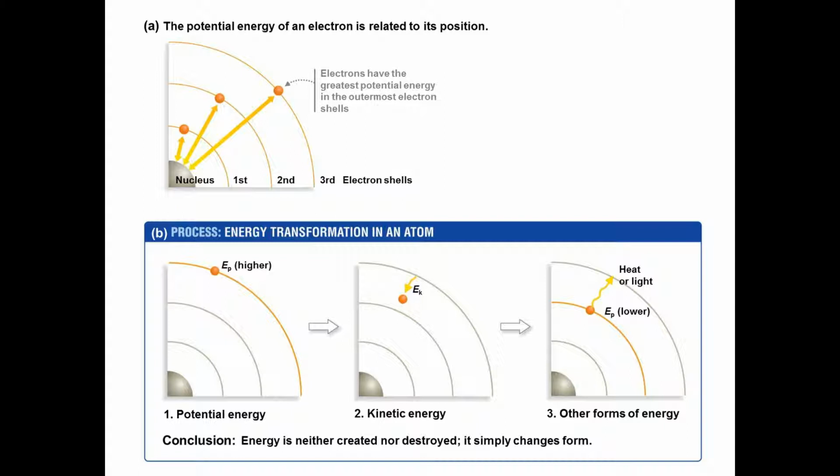Now, why is this exactly the case? Well, think about it. The electron has a negative charge and the nucleus has a positive charge. So the further away you are, the easier it is to pluck off this electron or remove it. The closer you get to the nucleus, the harder it is to pull away the electrons.